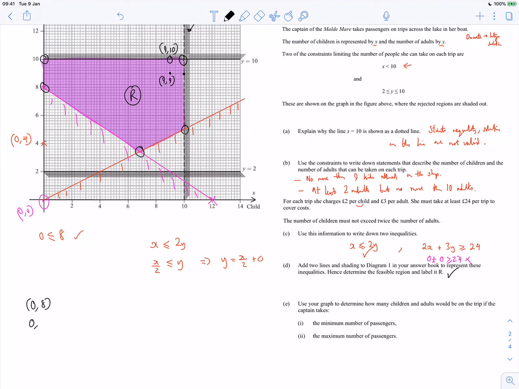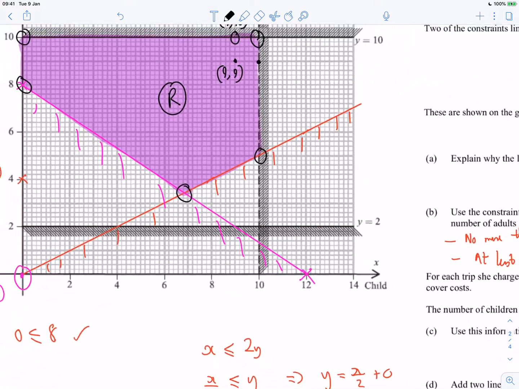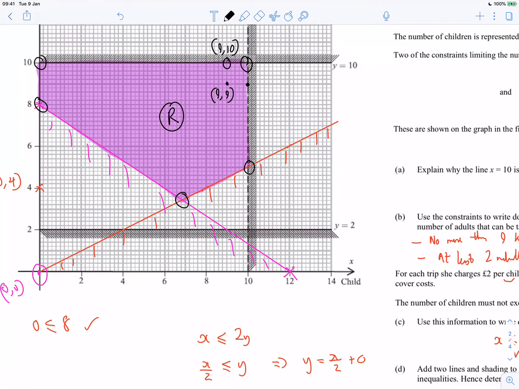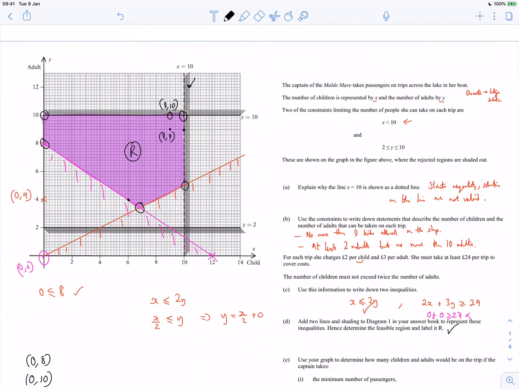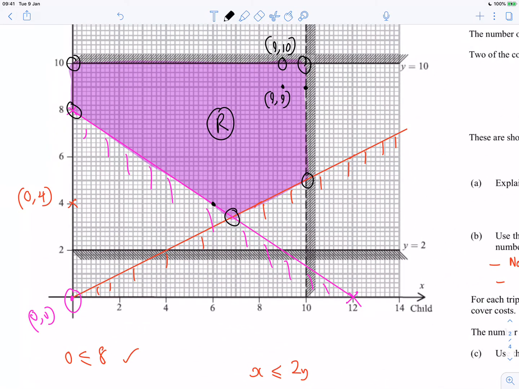We've got x is 0, y is 10. We've got at the bottom here, what is that? That's interesting. Well, let's say we go 6 along and 4 up. Is that on the line? Yes, I believe it is, because 2 lots of 6, which is 12, plus 3 lots of 4 is another 12. So that vertex will be 6, 4.